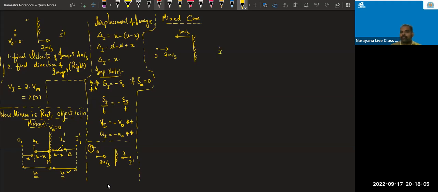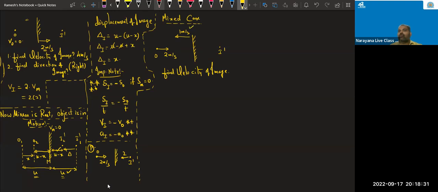Find the velocity of image. Complicated, no? Both are in displacement, both are in motion. See carefully and understand how I will tackle it. You also tackle the same way.